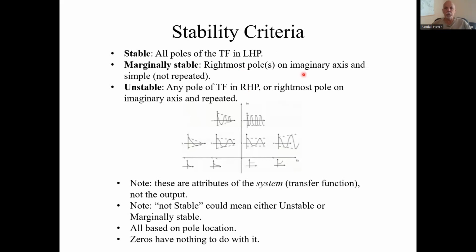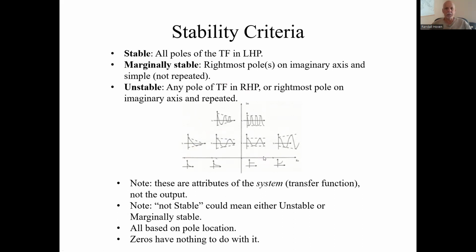If the rightmost poles of the transfer function are exactly on the imaginary axis and they're simple, meaning not repeated, we call that marginally stable. What happens in that marginally stable case is that for most inputs, the output will be bounded, but for a certain input, one that has the same frequency or the same pole as your system pole, you'll get an unbounded output due to that input.